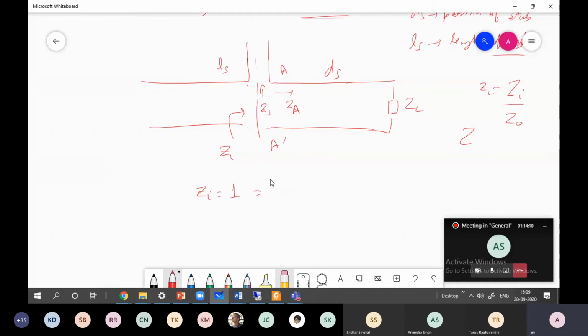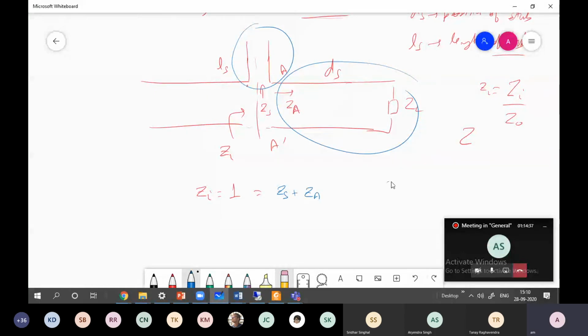These two are connected in series, and if two networks are connected in series, I can directly add their impedances. So I can write normalized one as Zs plus Za.